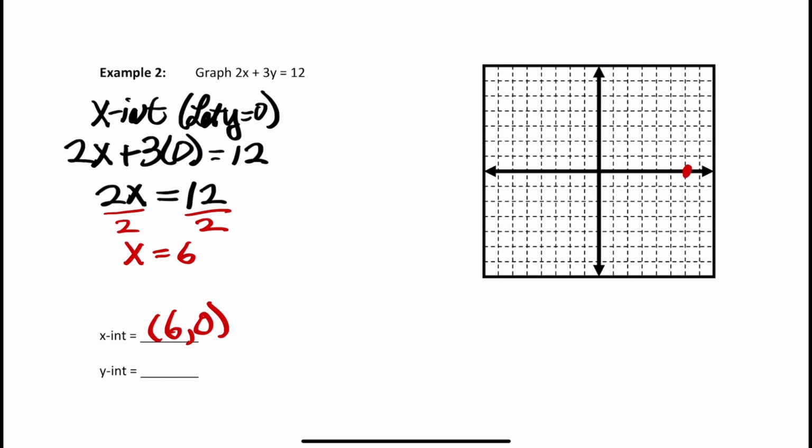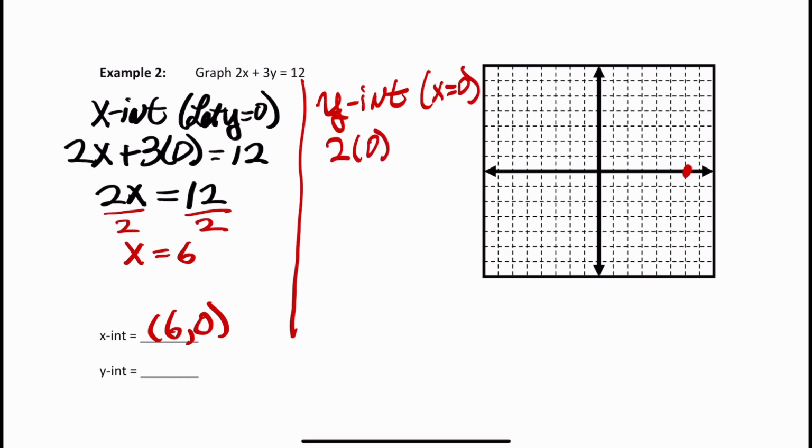And then for the y-intercept, we're going to let x equal 0. So we find the y-intercept by letting x equal 0. We have 2 times 0 plus 3 times y equals 12. And that gives us just 3y equals 12, because 2 times 0 is 0.